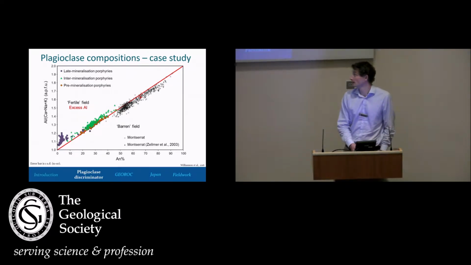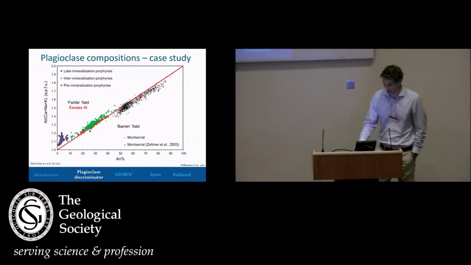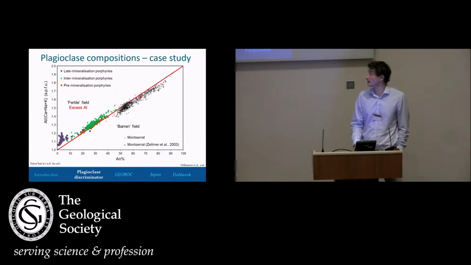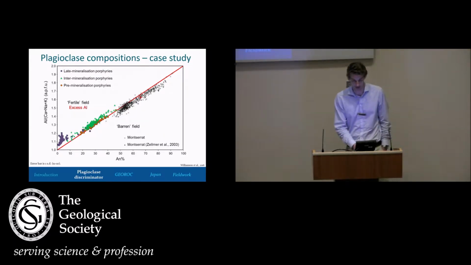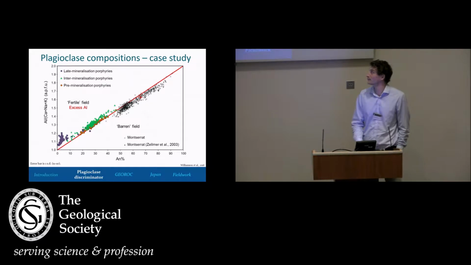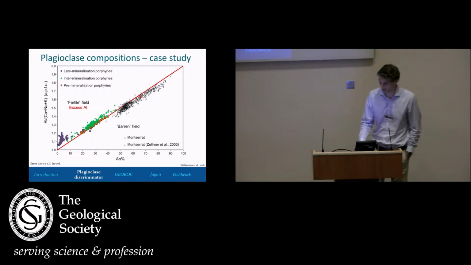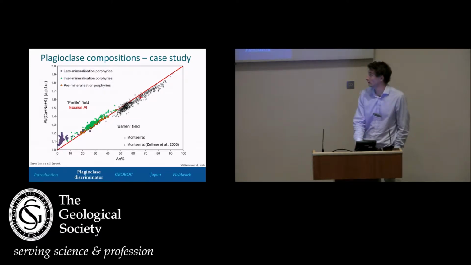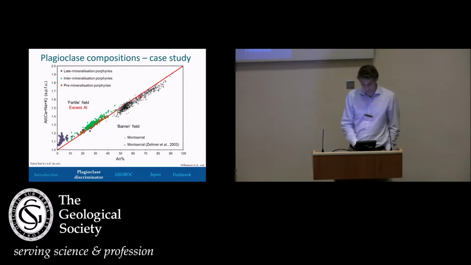Ben's original study. So this is a graph showing plagioclase compositions from two separate areas. This was his case study. On the y-axis, they have the aluminium versus the alkaline ratio in plagioclase, and on the x-axis we have anorthite content. It also shows the error in these values.